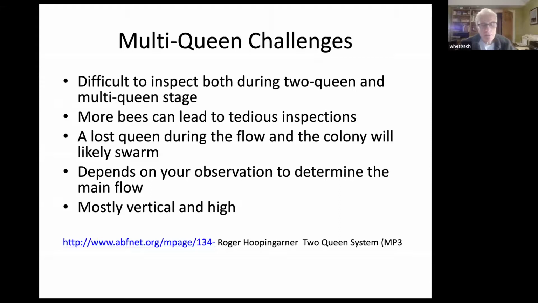Now, I think you can clip, yeah. So when I'm running my cursor over that URL, it's blue on my page and it is on yours too, but you can run that, and it's a great thing to hear Hoopingarner give his 2 queen system talk.